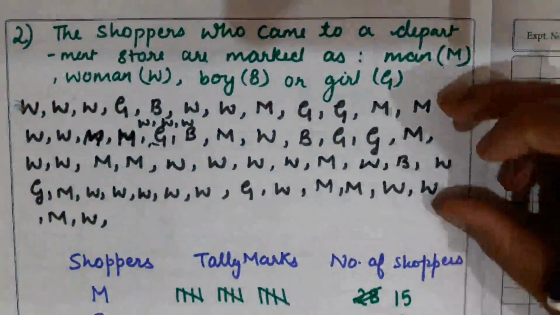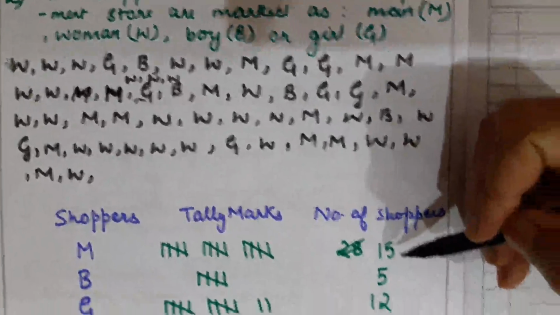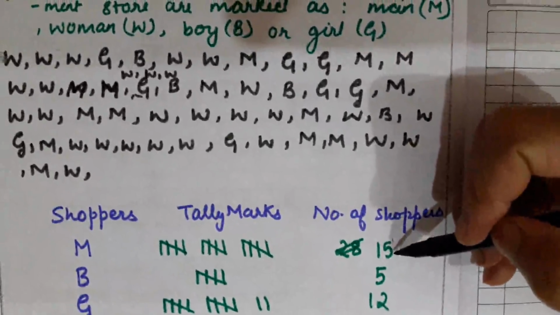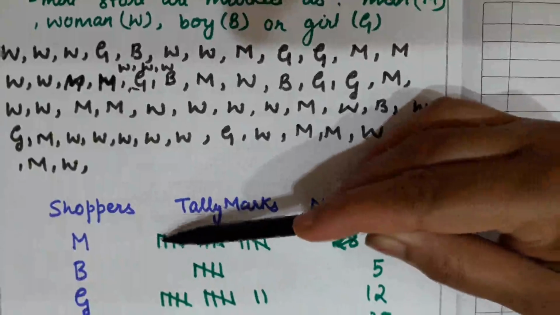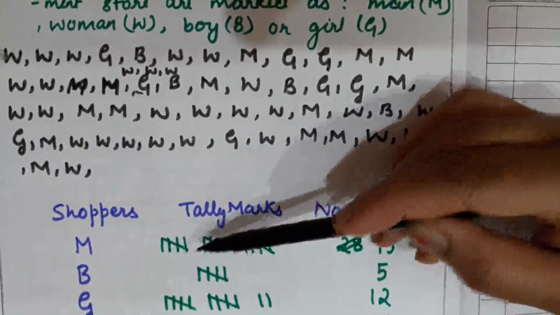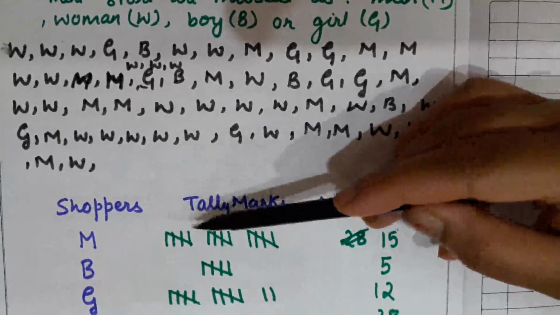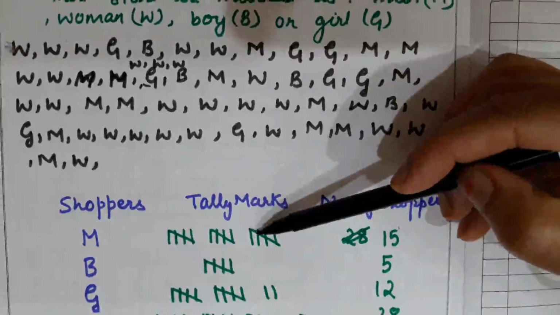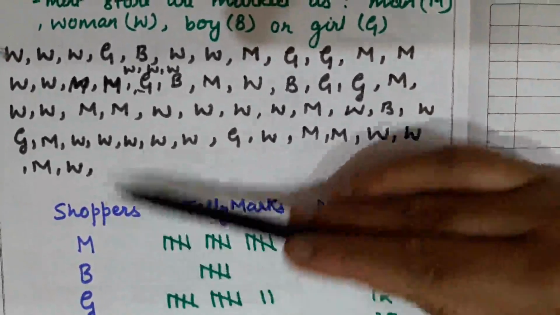In this scattered data, count the number of times M is coming. According to me 15 times they are coming. So I have represented it as tally marks. How? 1, 2, 3, 4 and this slanting one is 5. 1, 2, 3, 4, this slanting one is 5. So 5 plus 5 is 10. Then it is 15.